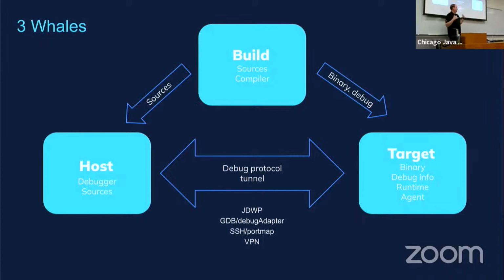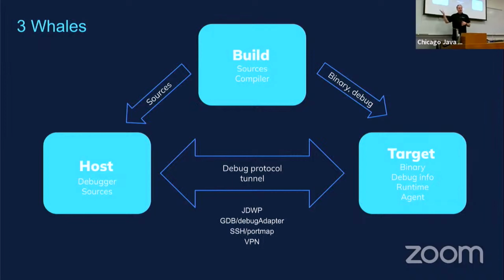So this is, I would say, the key diagram. If you get this, all the rest is easy, right? And it's actually not that complex. So we have this host where we have our debugger, and we provide or get some information from other parts of this triangle.